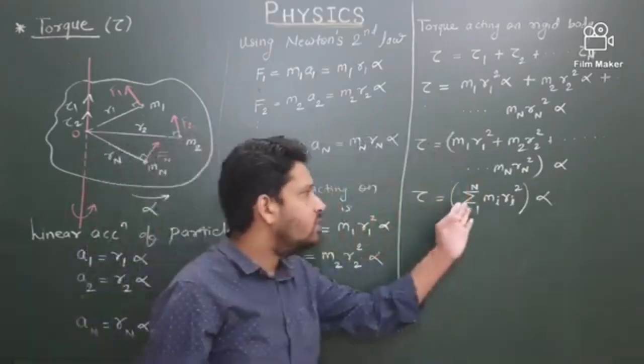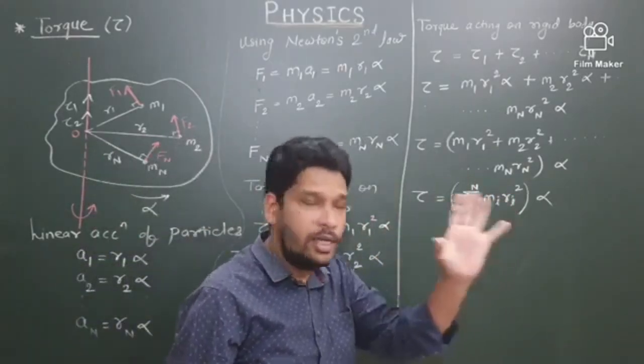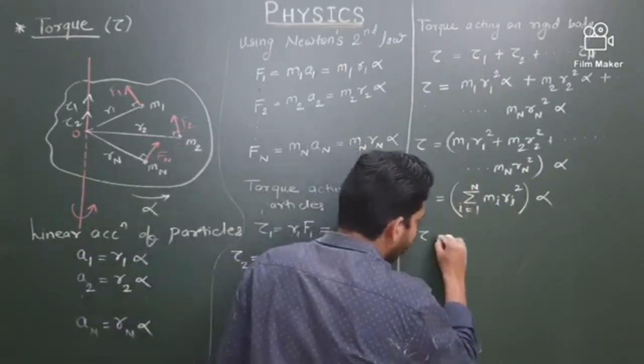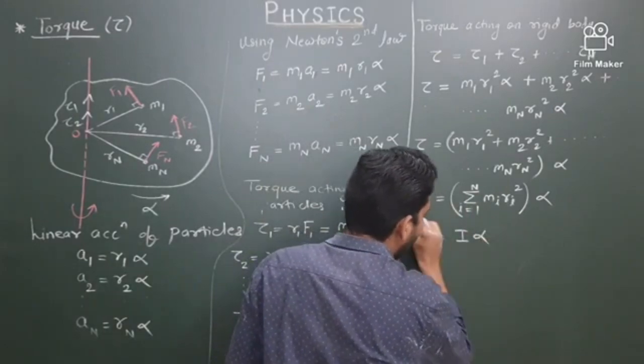And we all know this is the definition of moment of inertia. So tau is equal to I into alpha.